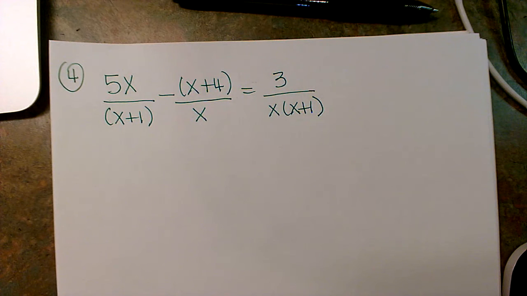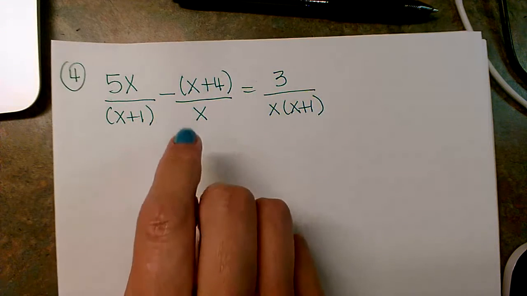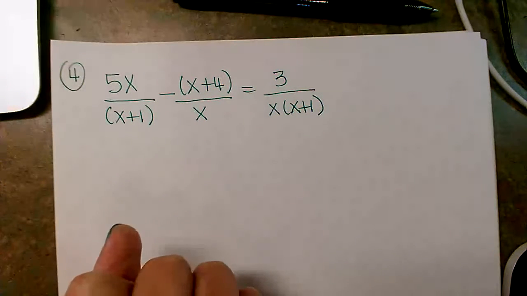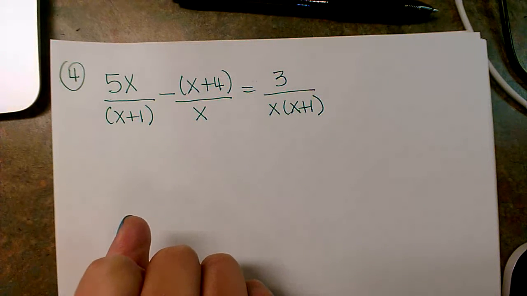We create common denominators, meaning we match the denominators, meaning we find the lowest common denominator. And then we can ignore the denominators after we do that.